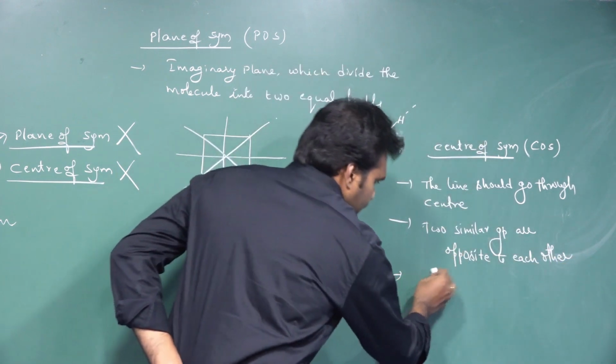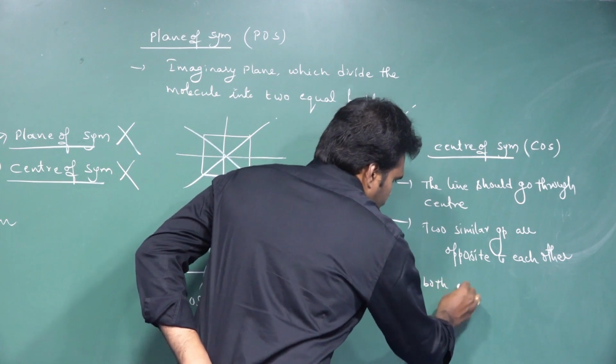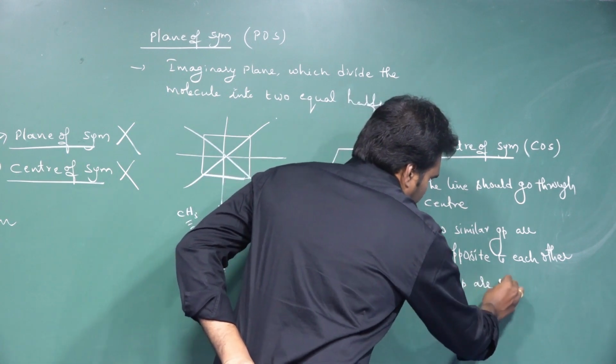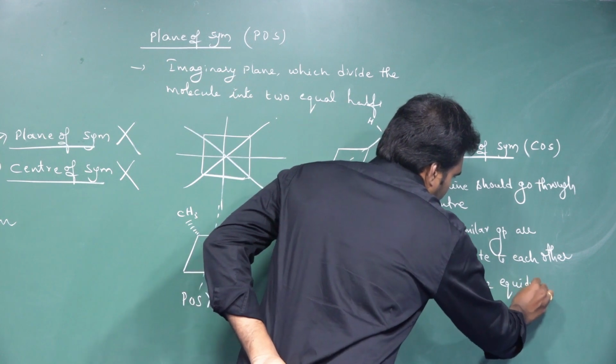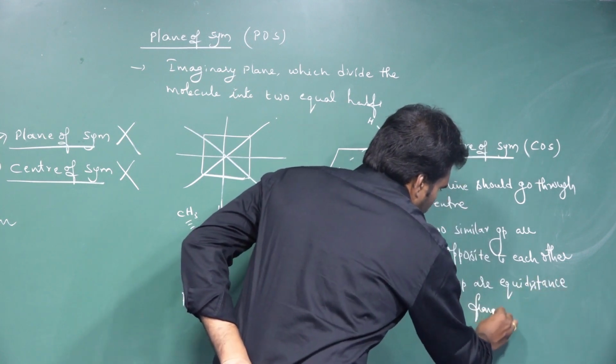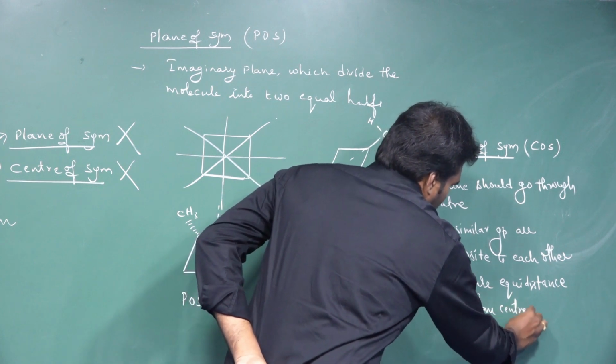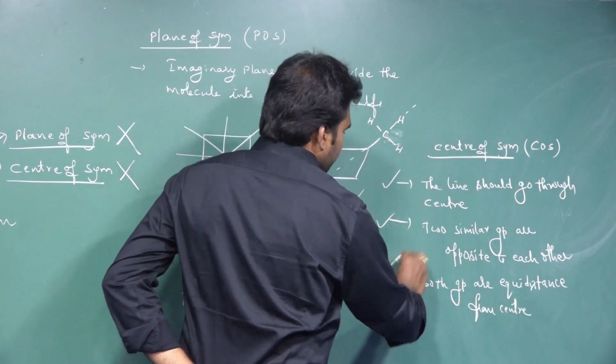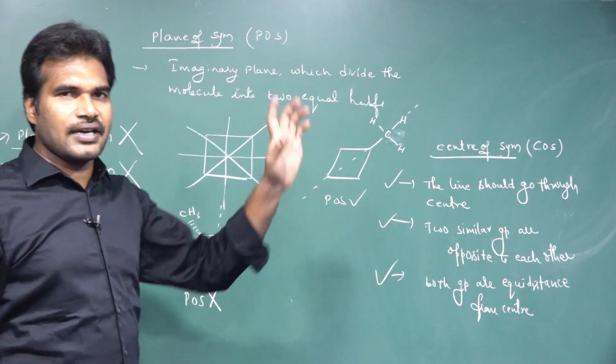The third one is that both groups are equidistant from the center. So when they fulfill these three, then that compound is having a center of symmetry.